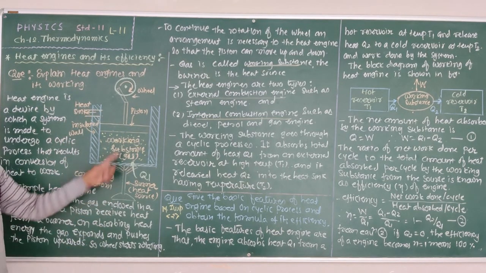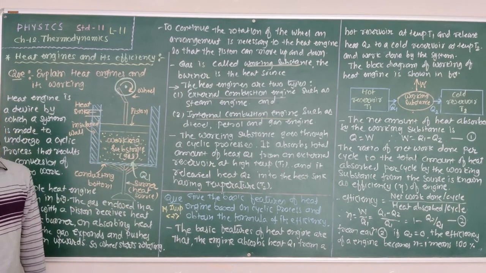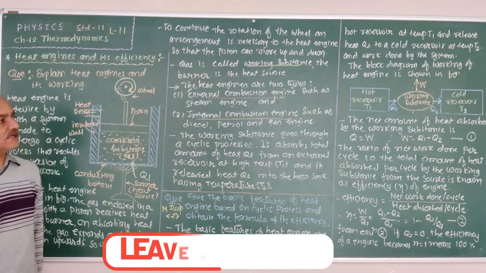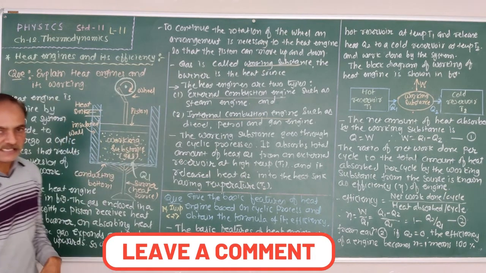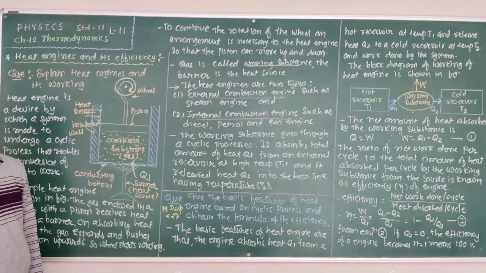Okay. The gas is called the working substance and the burner is the heat source. Heat engines are of two types: external combustion engine, an example is the steam engine, and internal combustion engine, examples are diesel, petrol and gas engines.